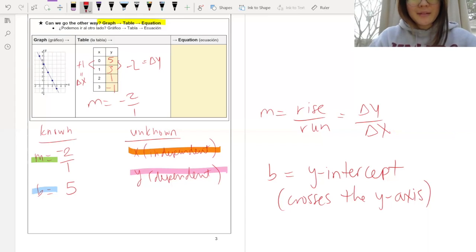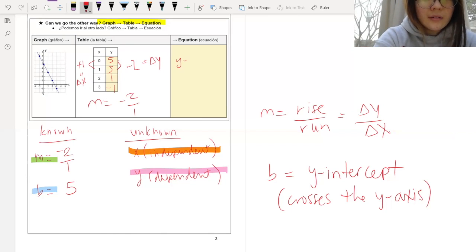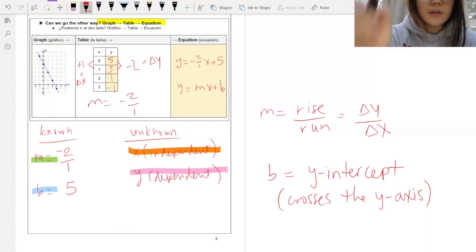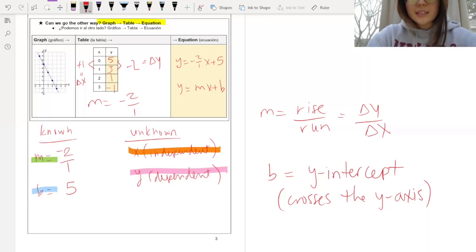So make sure you keep that in mind. Now that we know these pieces of information, you can just write your equation. Basically, it's going to be y equals negative 2 over 1, x plus 5, because y equals mx plus b. We figured out m, we figured out b. That's how we get our equation.